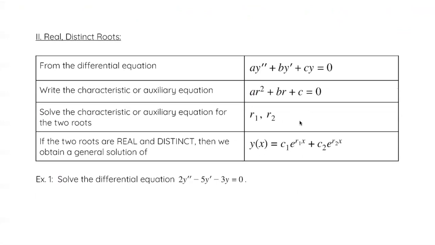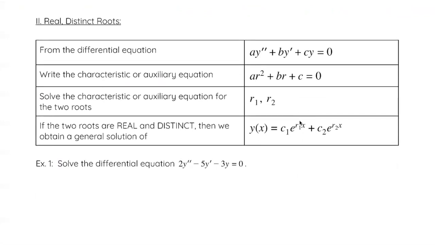So that being said, let's take a look at the first situation. Suppose you have a differential equation: a y double prime plus b y prime plus c y equals 0. We know it's second order, we know it's homogeneous, and a, b, and c are constants.